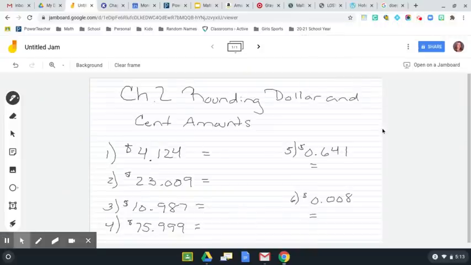Okay, so now, like I said, we're going to practice a little rounding. We need to make sure we're comfortable with rounding dollar and cent amounts. So I gave you some decimals here that need to be rounded to the correct dollar and cent. Meaning, number 1, we can't say something is $4.124. Number 2, we can't say it's $23.09 of a cent. It just doesn't make sense, right?